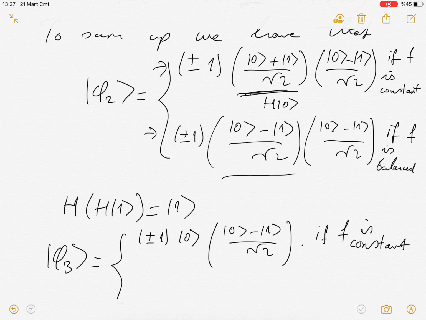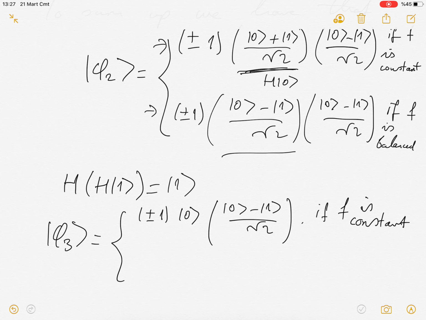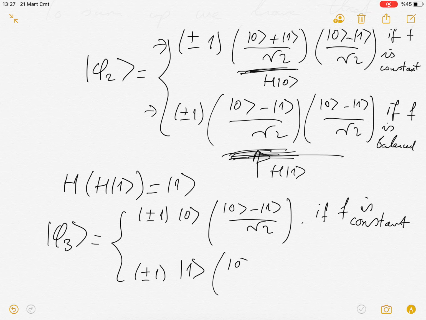Okay. And then if f is balanced, we are in this superposition state, and if we apply the Hadamard transform on the first qubit of phi 2, so this is already H of 1. If we apply the Hadamard transform on this superposition, we have ket 1 times (ket 0 minus ket 1) divided by square root 2.